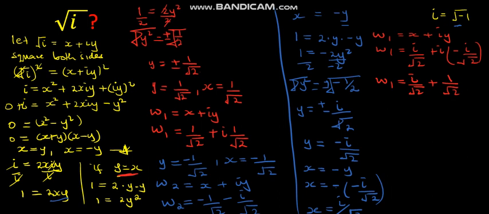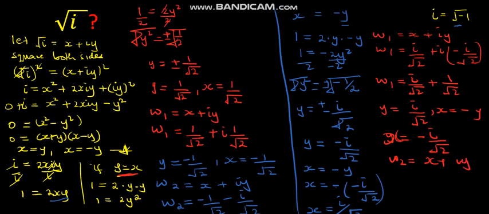Good. Now we shall also say for y is equal to i out of root 2. So remember, our x is equal to negative y. So y is equal to i over root 2. So now the x which we need will be negative i out of root 2. So we shall need to find w2, which is also x plus iy.